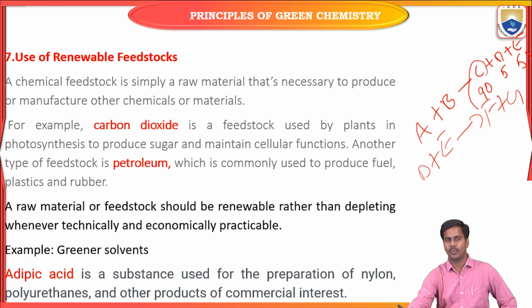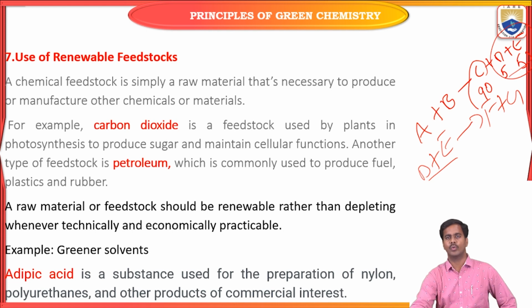Why? Because we know that toxic or hazardous nature is generated due to the formation of these unwanted products. These unwanted products we are using as a reactant in another reaction. Then automatically the toxic nature will be minimized.